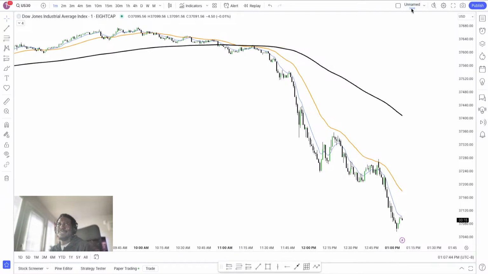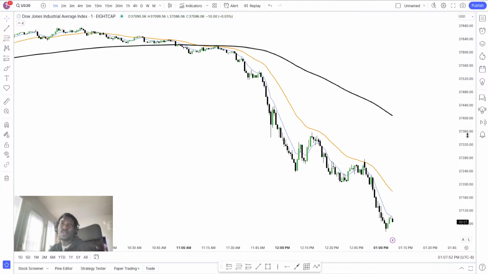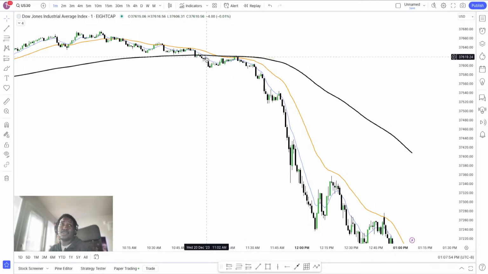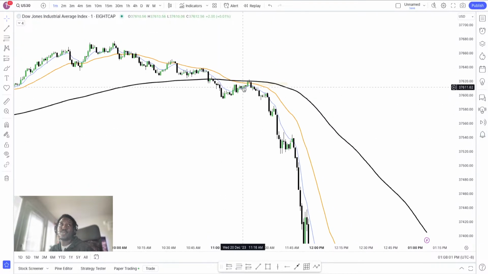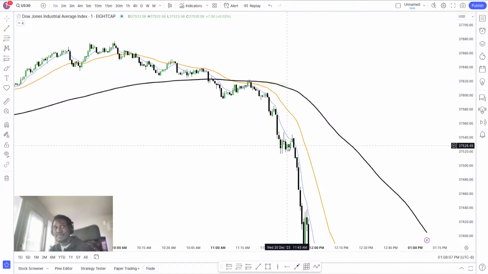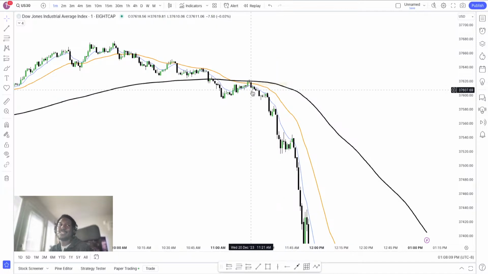So I don't know, but if you want to see how to use it, yesterday's live stream I did outline what you wait for: the two MAs to cross below the 200, and then wait for price to come back and retest the 200, and then when it crosses down and the MAs are lined up 936 200, take your trade.